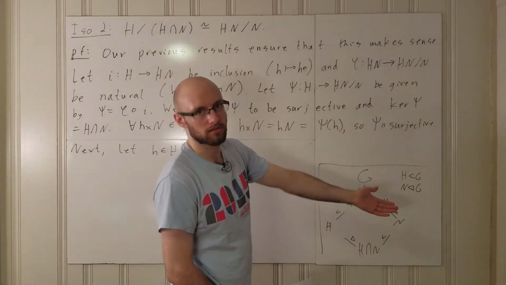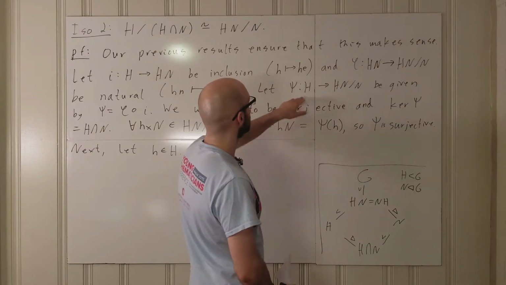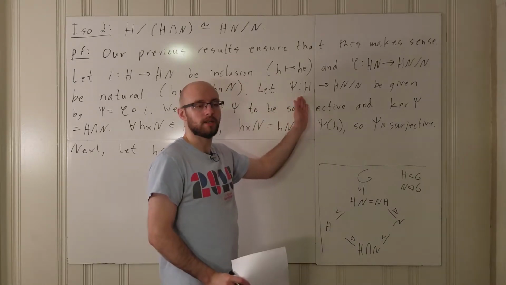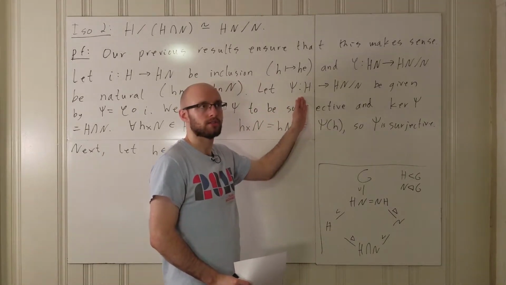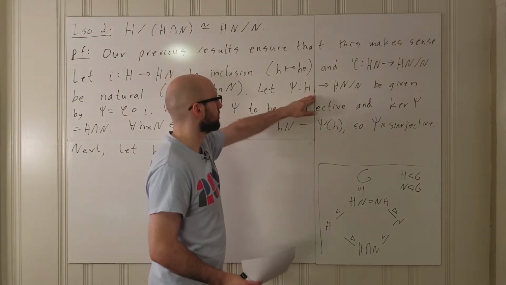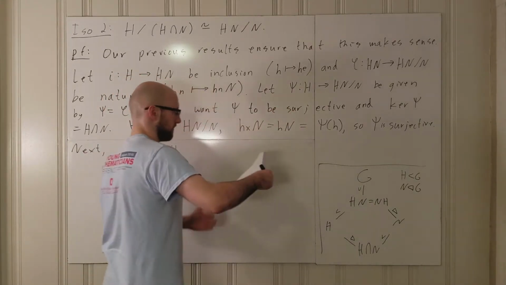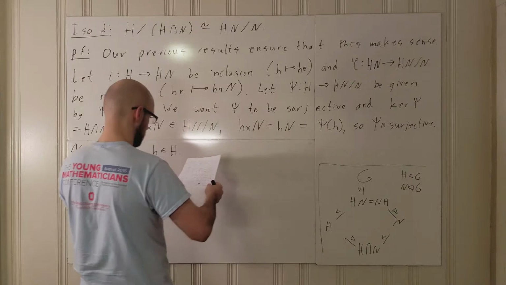We want to prove that the kernel is H intersect N. If you start with any element here, then it's in the kernel if and only if what?